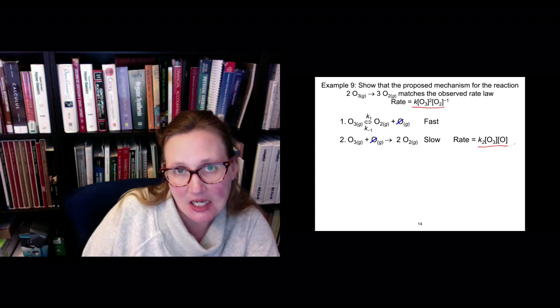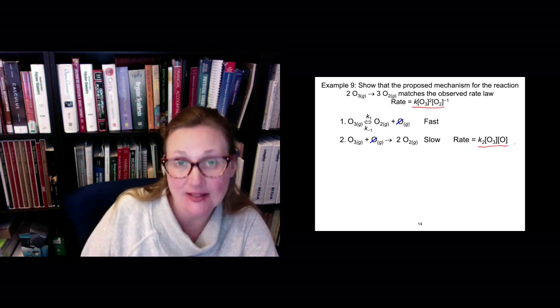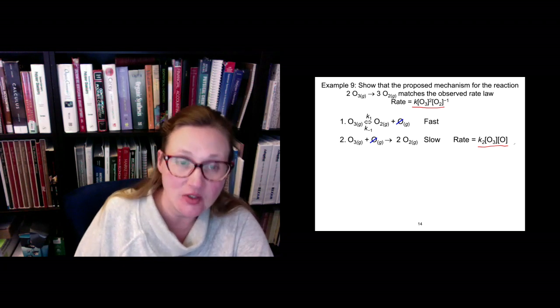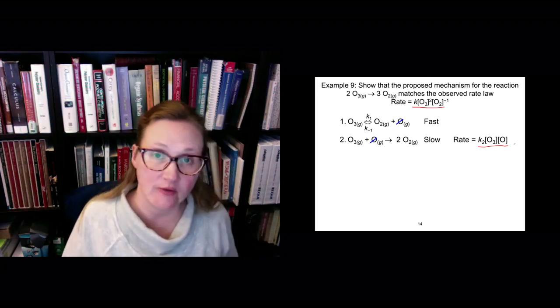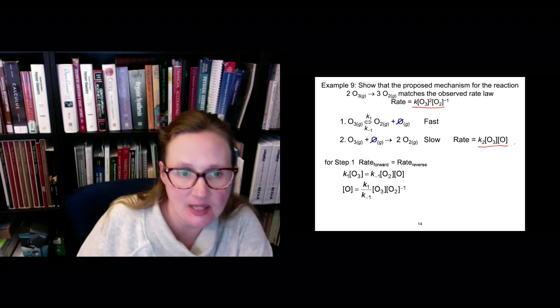We cannot take the rate determining step here as the overall rate because it contains an intermediate. So we have to do what we did before in order to validate this mechanism. All right, so again, let's start with step one.